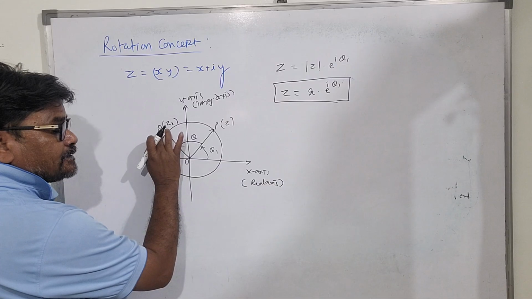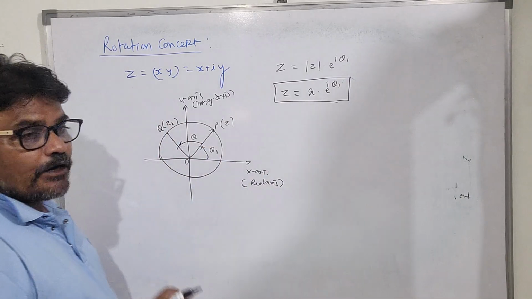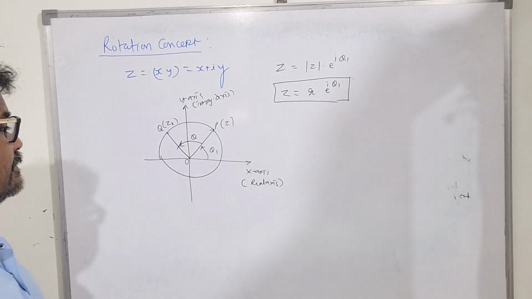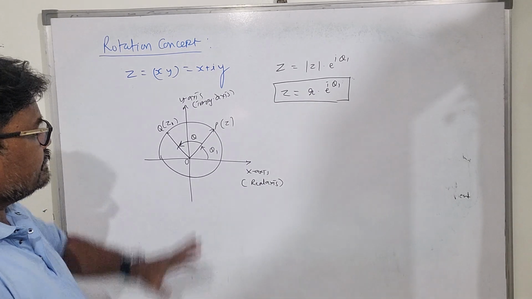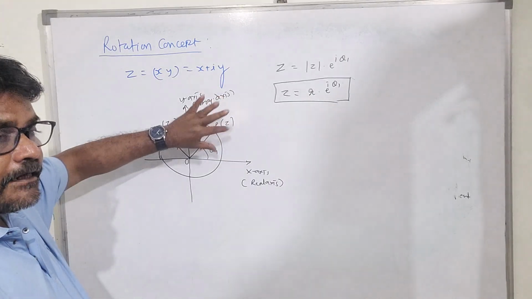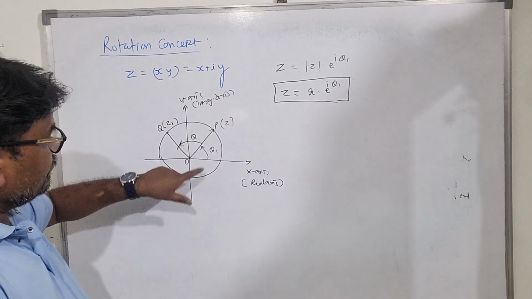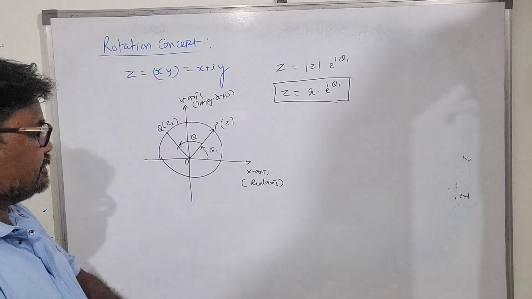That point Q is represented by a complex number Z1, which is obtained by rotating this vector OP. That is, I am rotating the complex number Z, or you can say rotating the arrow OP, by theta degree in the anti-clockwise direction.